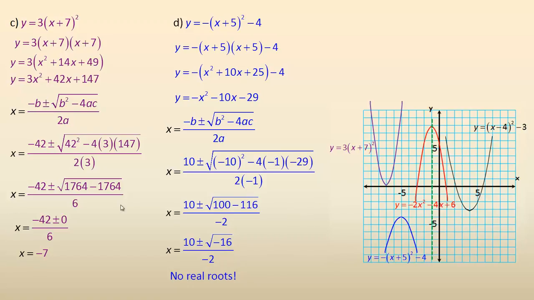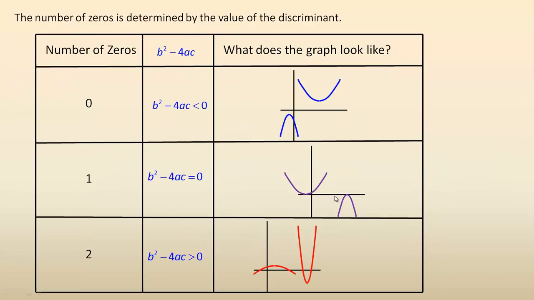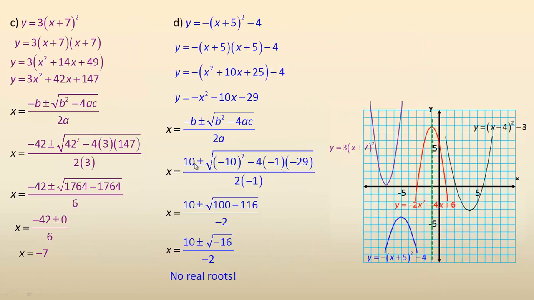So, a little bit of a summary on the next page. I'm going to show you something after this summary before we get into one example. So the number of zeros is determined by the value of the discriminant. If we go back, actually let's go back for just a second here. This thing here, underneath the root, that's called the discriminant.